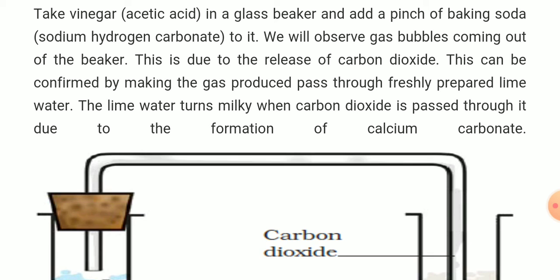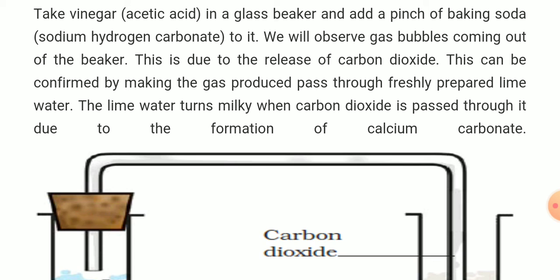Why are the bubbles formed? This is due to the release of carbon dioxide. So, which gas is produced in this reaction? Carbon dioxide gas. This can be confirmed by passing the gas through freshly prepared lime water.